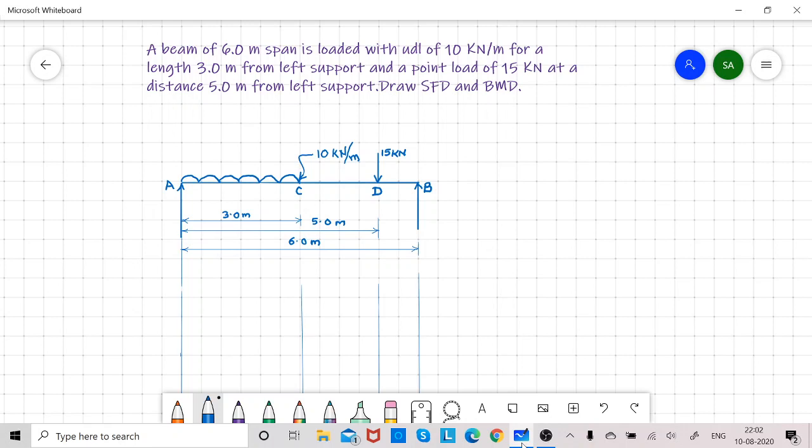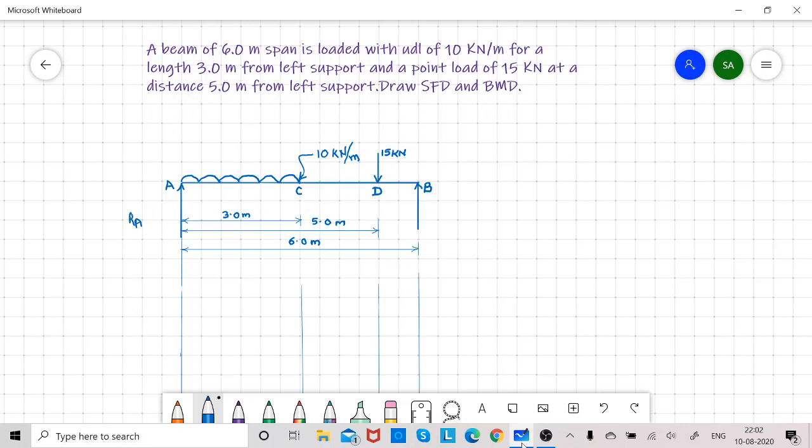This is the diagram of a 6 meter span AB. UDL is 10 kN per meter for a length 3 meter from left support up to C, and a point load, concentrated load at a distance 5 meter from left support. So this is the diagram, and let us start drawing the shear force and bending moment diagram.